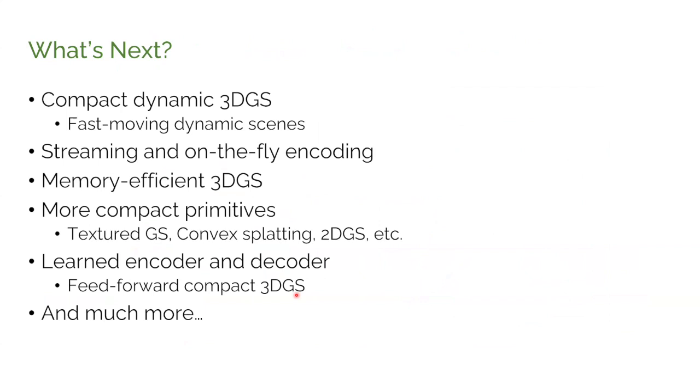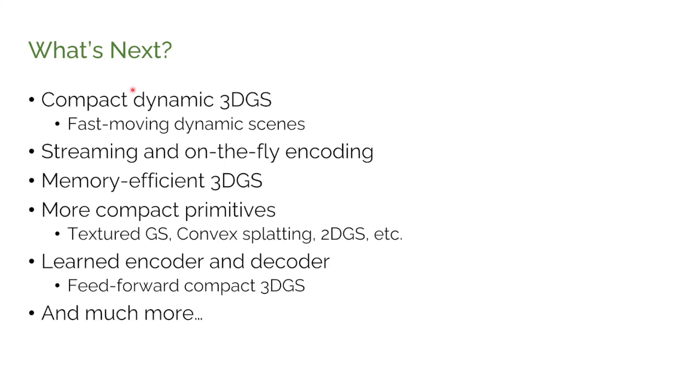And this is the final slide, and I'd like to end this talk by discussing some future work. Some items here are obviously not entirely new. Many people are already working on these directions, but I think technical innovation might be really important to make further progress. The first one is dynamic 3D Gaussian splatting.